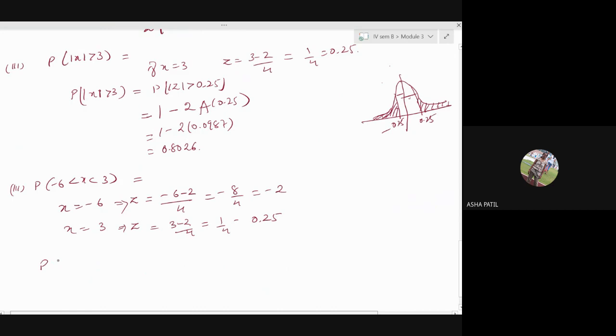So probability that minus 6 less than x less than 3 means probability that minus 2 less than z less than 0.25. How to write this? Minus 2 up to 0.25. Z lying between minus 2 and 0.25. What will you write at?